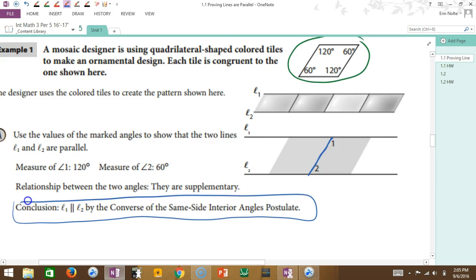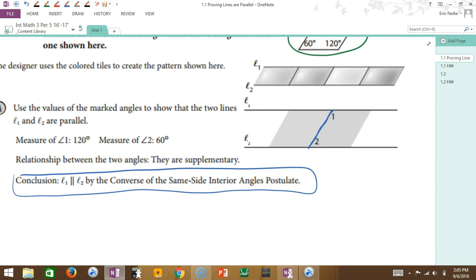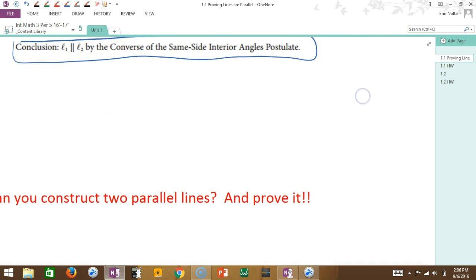Boom. If same side interior angles are supplementary, the lines are parallel. So they are in fact parallel, by the same side interior angle postulate. You said theorem, I'd be okay with it.